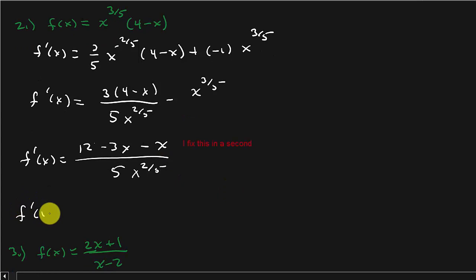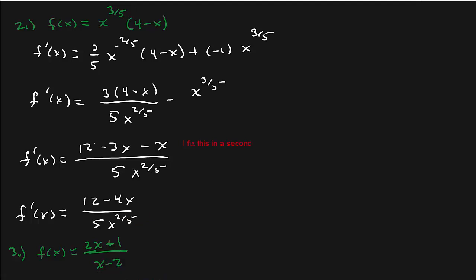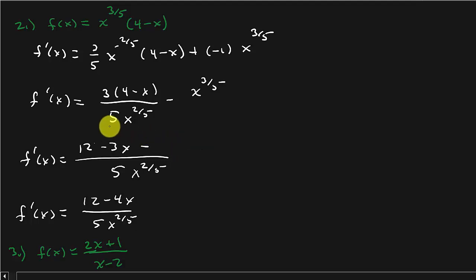So f prime of x is equal to 12 minus 4x over 5x to the 2/5. Okay, I got a common denominator. I'm going to pause the video and make sure I didn't make a careless mistake somewhere. I'm going to check my work again, because I'm sure I'll hear it in the comments if I don't. And I do see where I made my mistake. So it's a good thing I checked it.